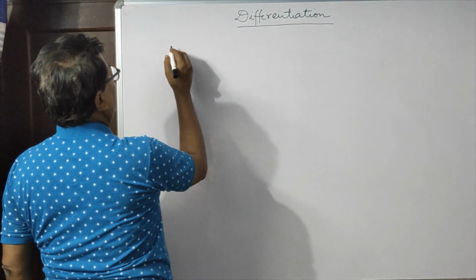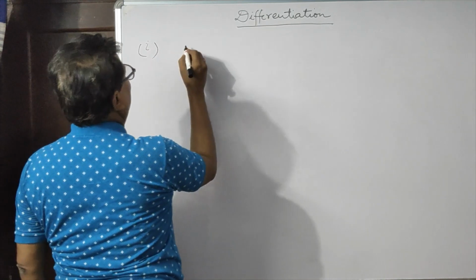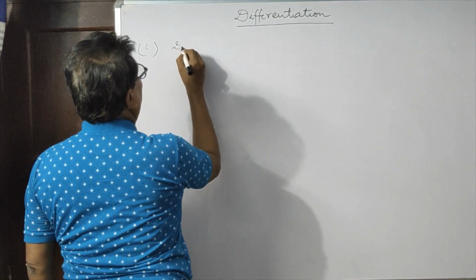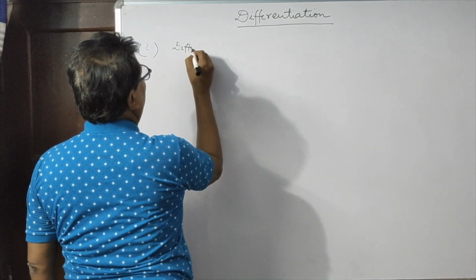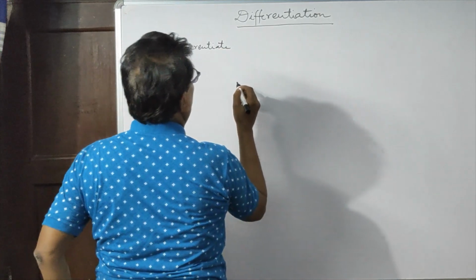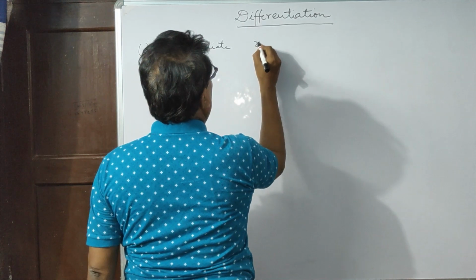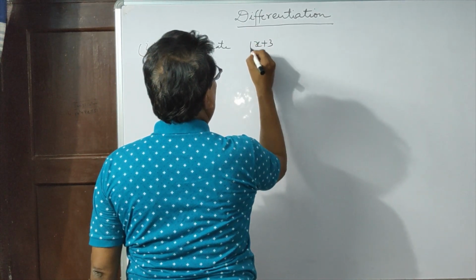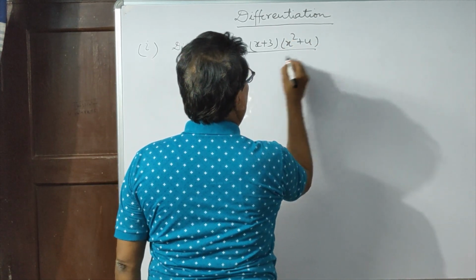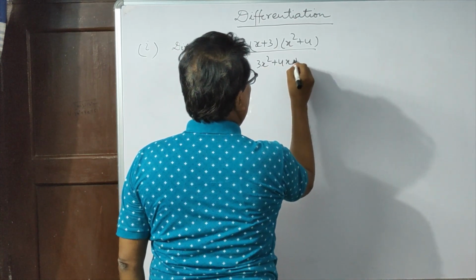Friends, if you get a question like this: x plus 3, x squared plus 4, divided by 3x squared plus 4x plus 5.